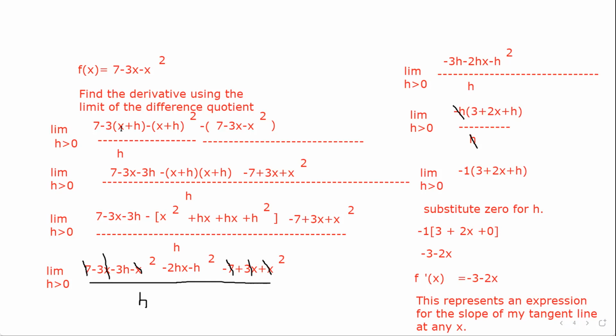So once you do this derivative thing here, if they give you a point, plug the x of that point into here, and that will give you the slope of your tangent line.